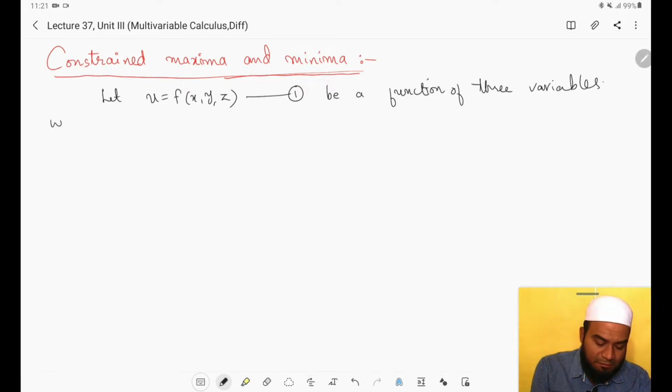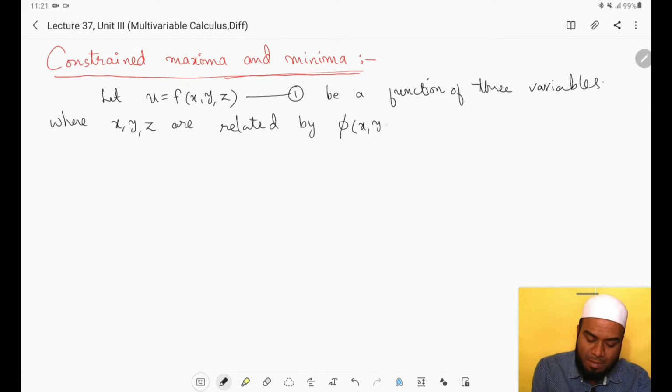Suppose these variables x, y, z are related by a condition which is given by phi of x comma y comma z equals to 0 or some c. Consider this as 2.